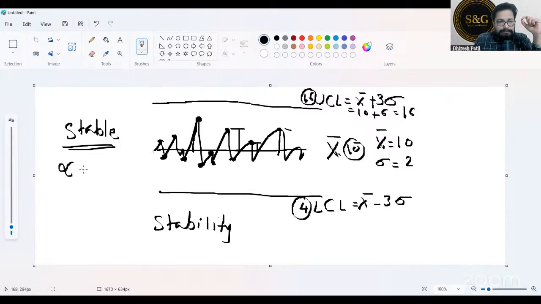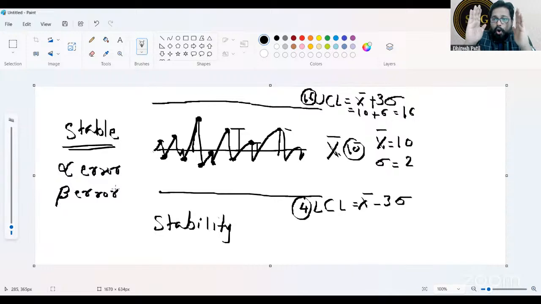Alpha error and beta error. Write this down. Alpha error and beta error reach the equilibrium point. They get balanced out at +3 and -3 standard deviation. That's what he observed after his long experimentation over so many years.